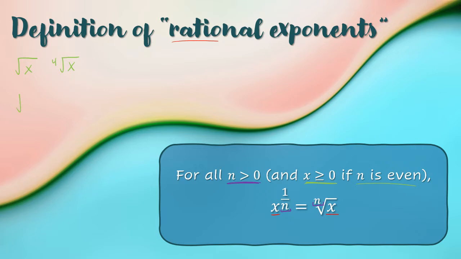Otherwise, for example, if we take the square root of -2, that's imaginary. And right now we're clarifying that we're only really dealing with real numbers. We're eliminating imaginary values from our world at the moment. Okay, so that's the basis of our definition for rational exponents.